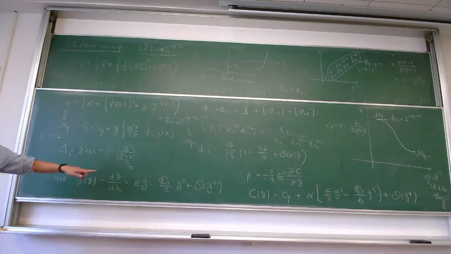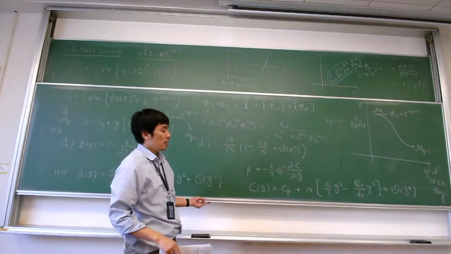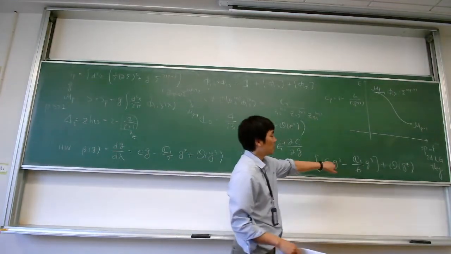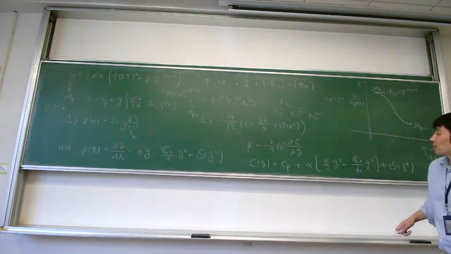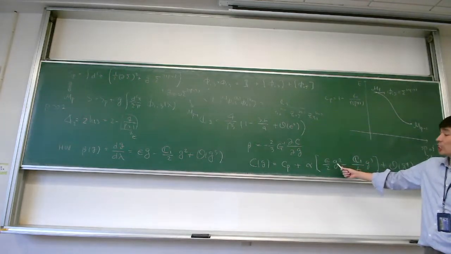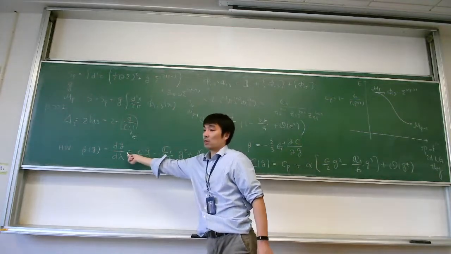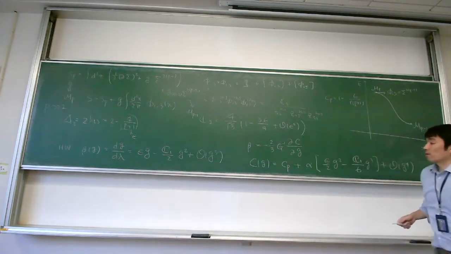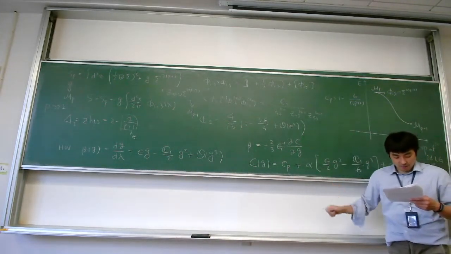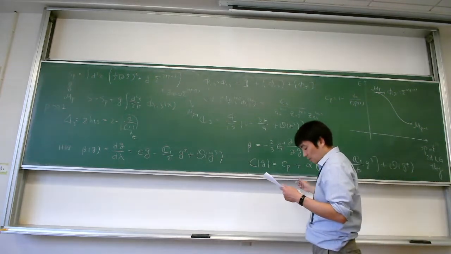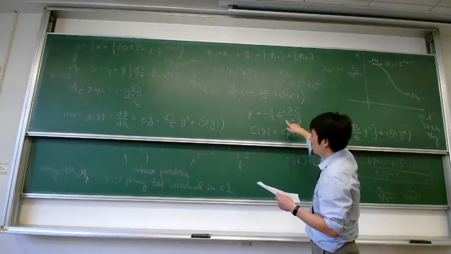And just integration by G, you get the C_p plus alpha times this one. So remember that if you take the derivative with respect to G, you get the constant times this guy. Okay? So we want to determine this alpha. So this alpha really depends on the Zamolodchikov metric.